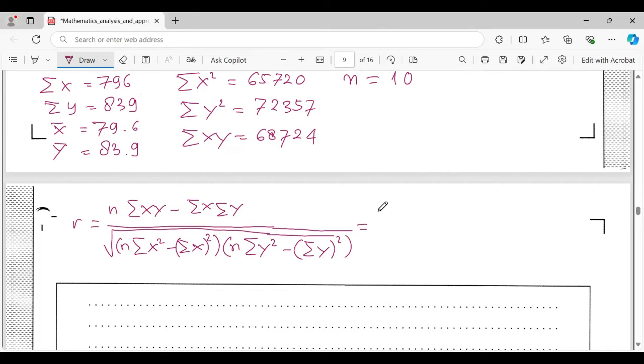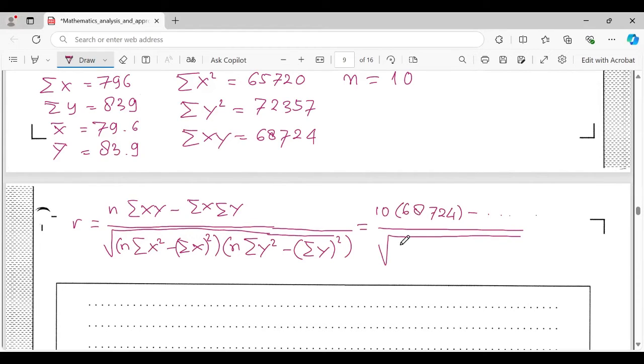Okay, and you can substitute this result into this formula. Is 10 times 68,724 minus, you can substitute this, minus this number over square root.